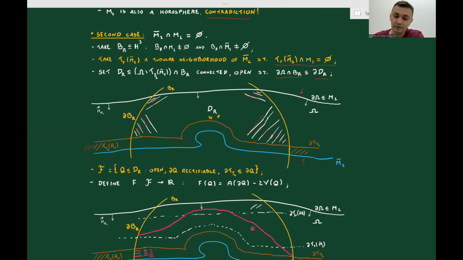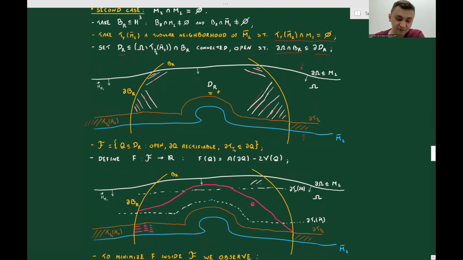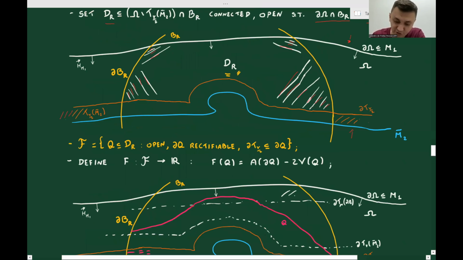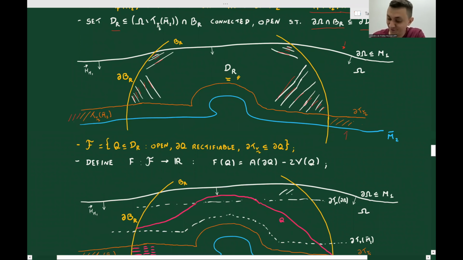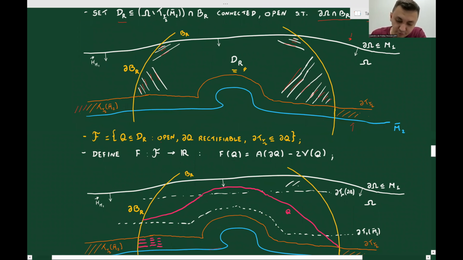So these are the assumptions to build this set D_R. It is a connected set inside the ball, and the boundary of the set D_R contains also the boundary of omega inside the ball. Okay, so now we consider a family of subsets of D_R which are open. So Q here are open subsets, and the boundaries are rectifiable.